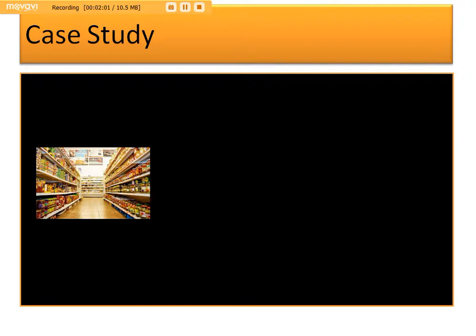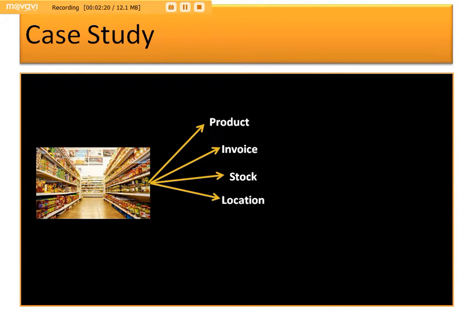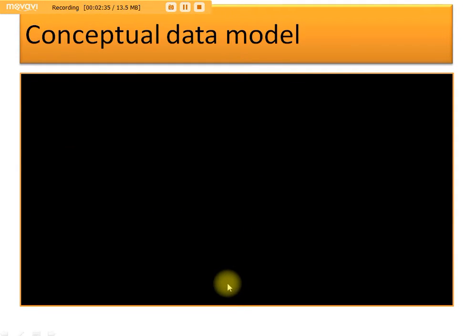As part of the data modeling, the very first thing we need to know is what are the key objects or key terminologies used in the existing transactional database. Here we can say the sales organization's database has these key objects: product, invoice, stock, location, and date. So these are the 5 key objects in the transactional database.